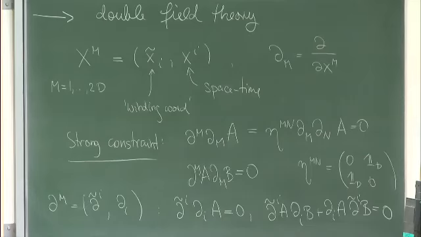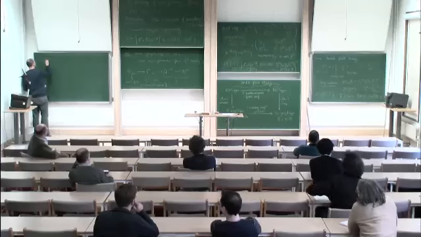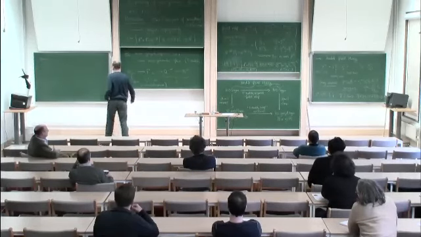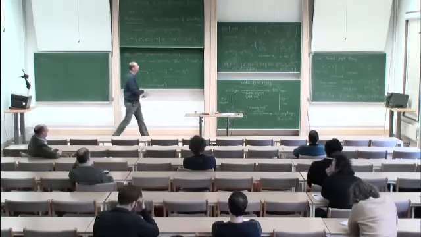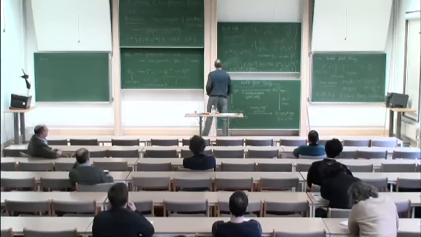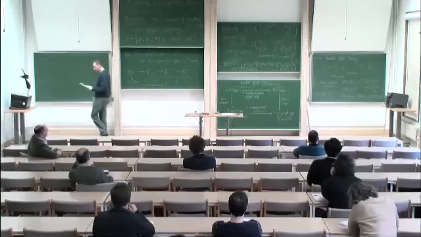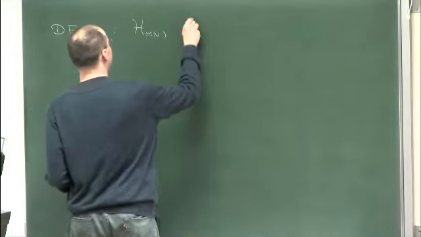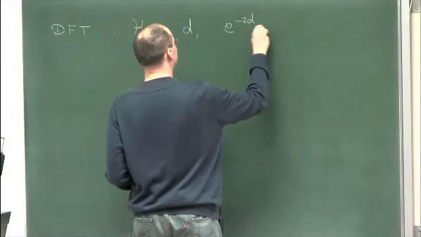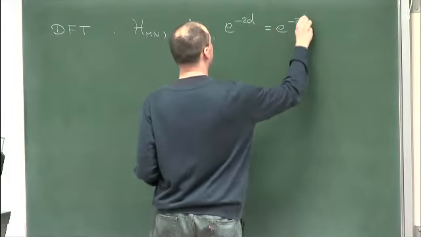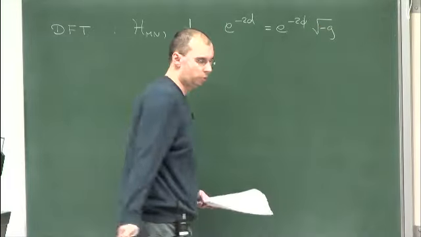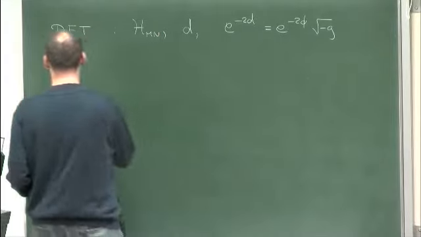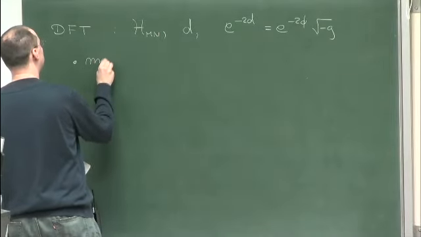And now there's a double field theory action, which is manifestly O(D,D) invariant, and it is written in terms of these objects H over here. So it's formulated in terms of H_MN and the field d that is defined via this relation. So it's a particular combination of the standard dilaton and the metric. And so, as I said, the crucial property of this action is that it's manifestly O(D,D) invariant.